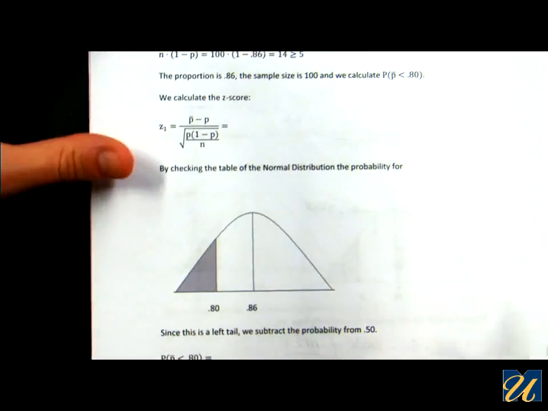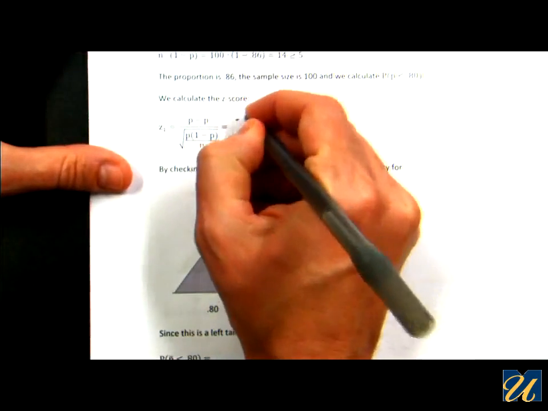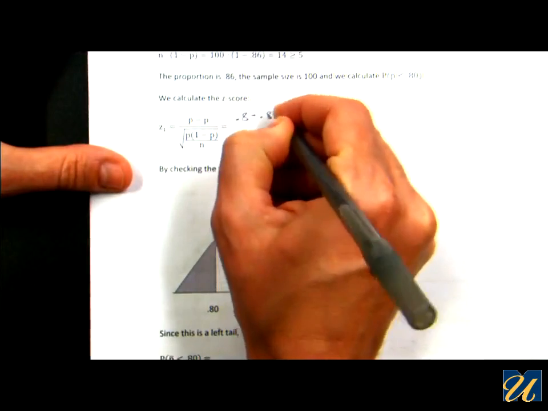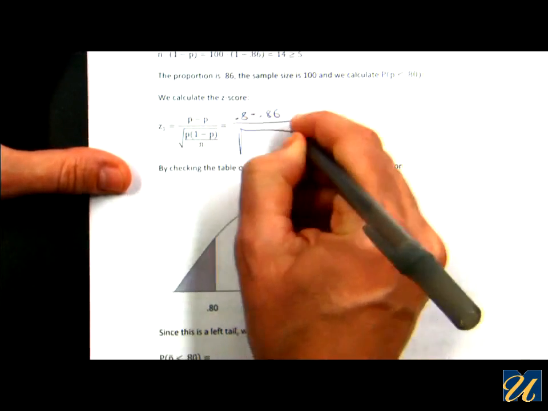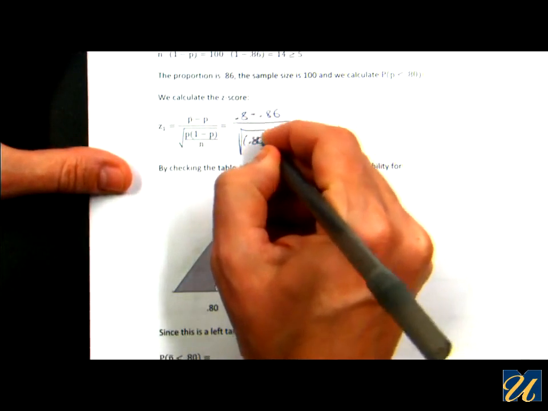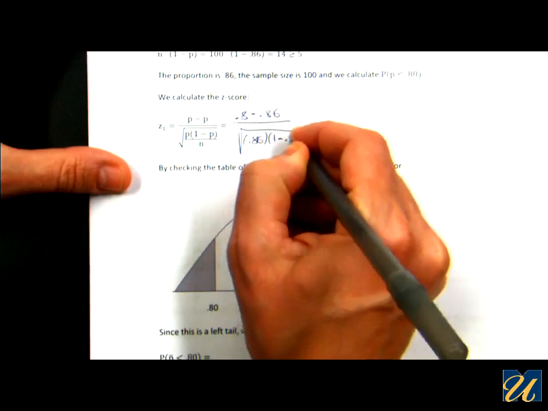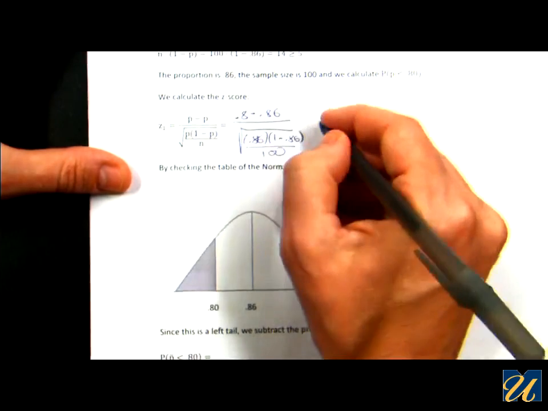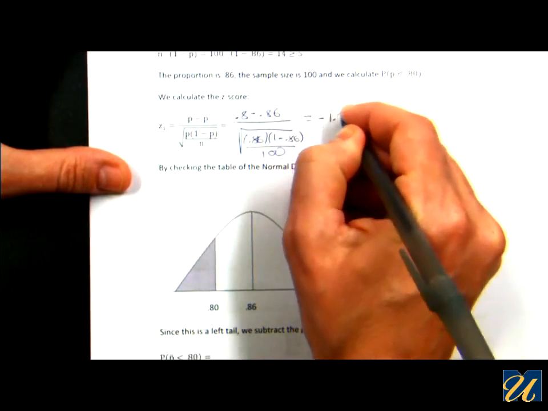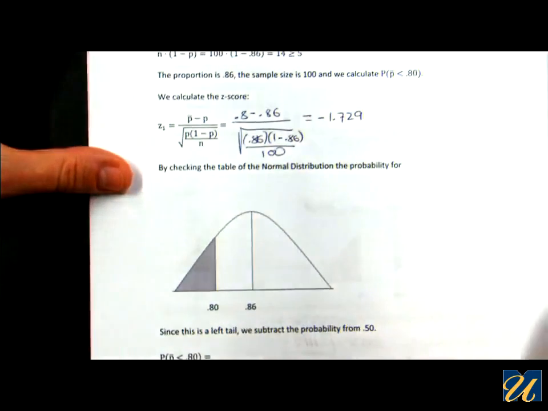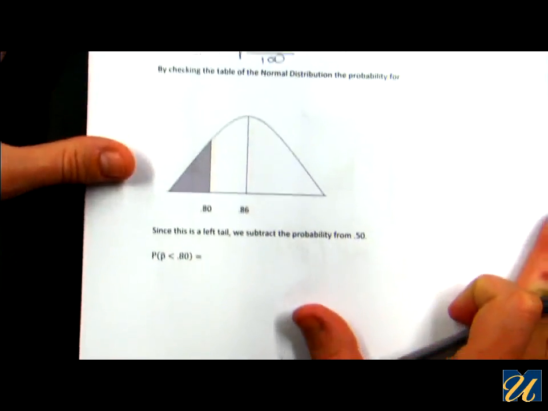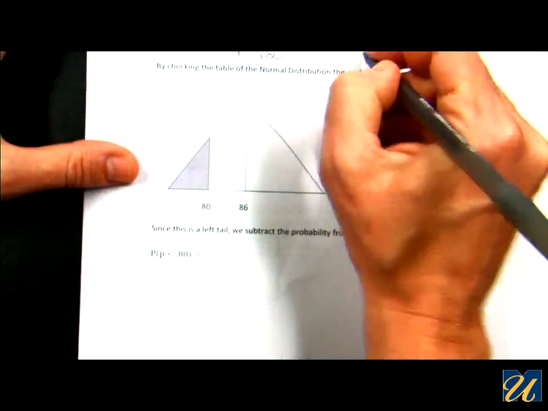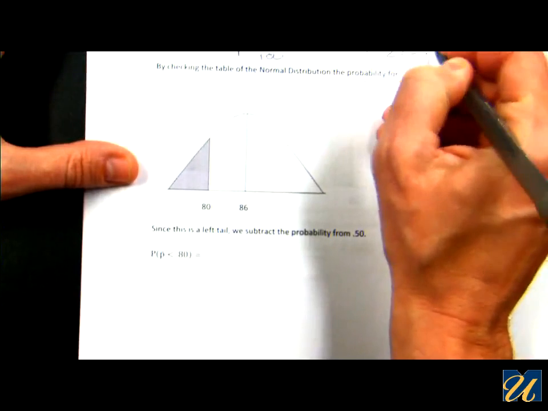We calculate the z-score. So 0.8 minus 0.86 over the square root of 0.86 times 1 minus 0.86 over 100. This is going to be equal to negative 1.729. You're going to look up the z-score of negative 1.73.